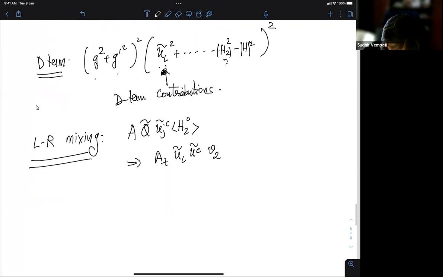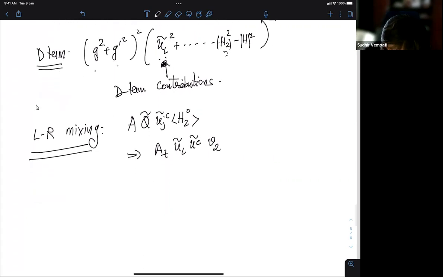There is also another left-right mixing that comes from the F term. So for example, in the superpotential, you have Y Q U H2 minus mu H2 H1. Let's just take one simple Yukawa coupling.